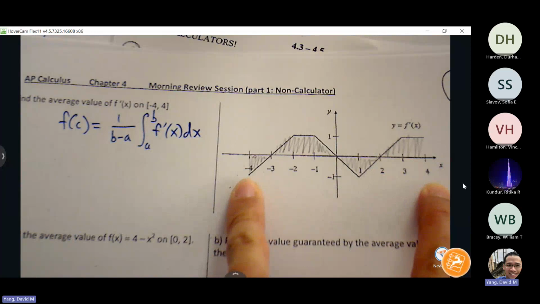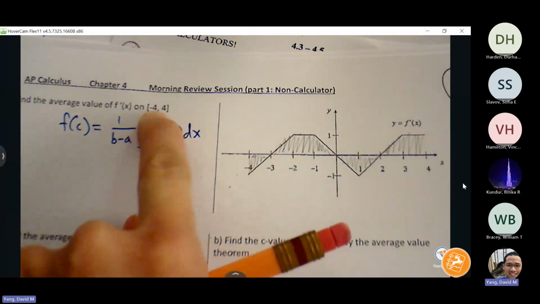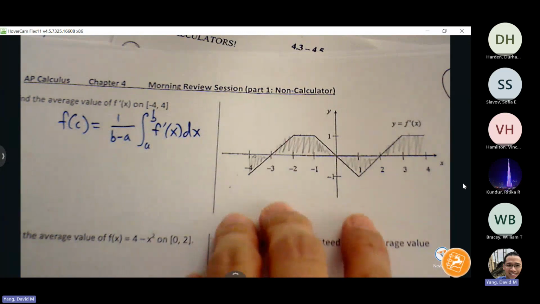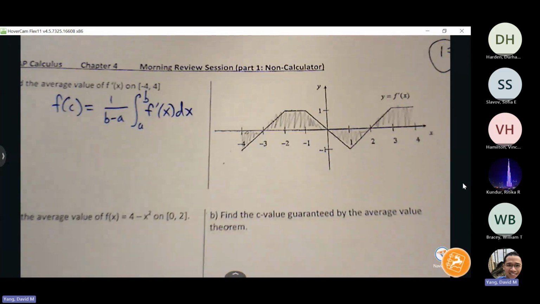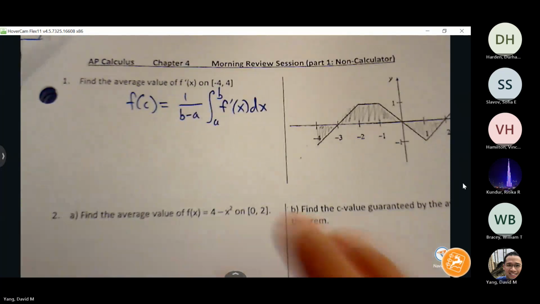So we are going to use the entirety of our graph, but always pay attention to your interval, right? If your interval doesn't include the entirety of your graph, then make your adjustments. You're not going to count everything then if not all the values are used. Okay, what are our a and b values? -4 and 4. Yeah, so we just plug that in, right?